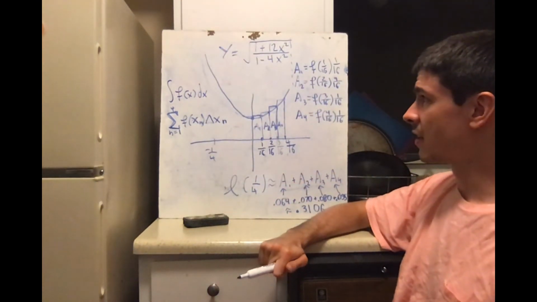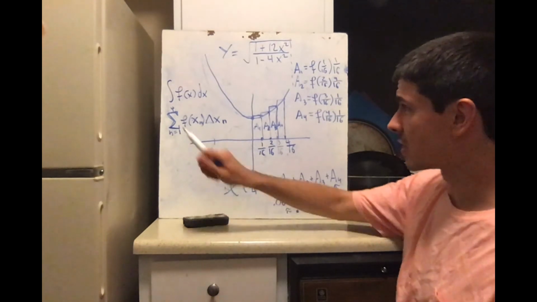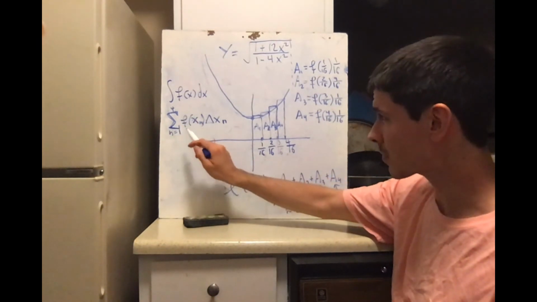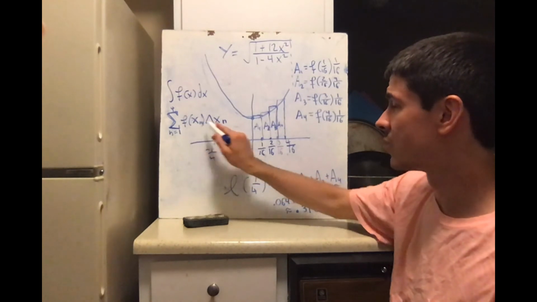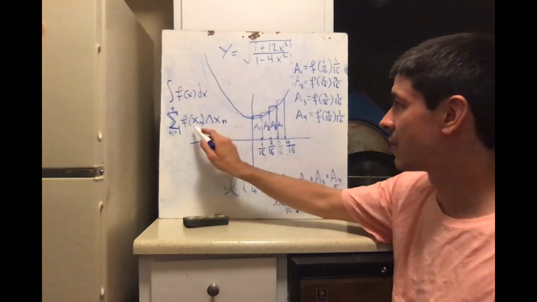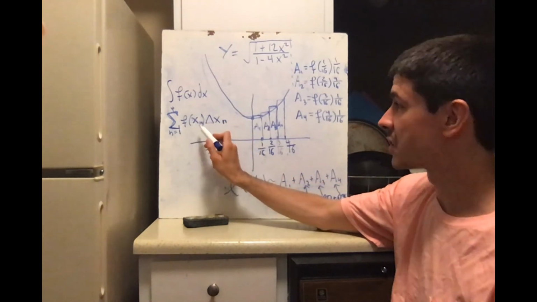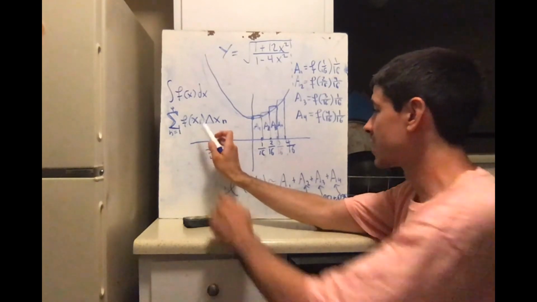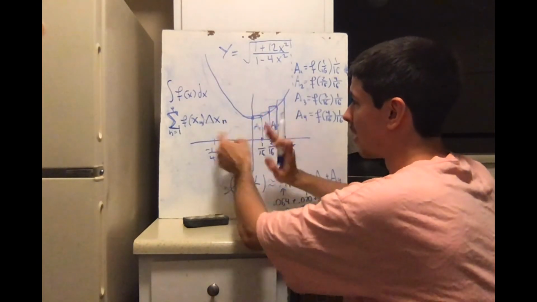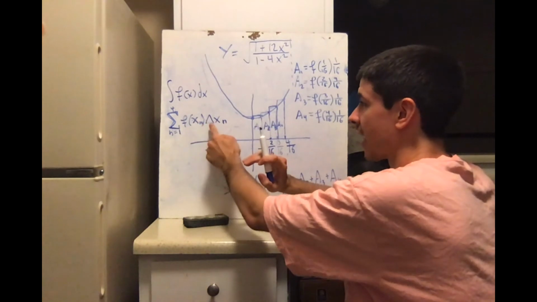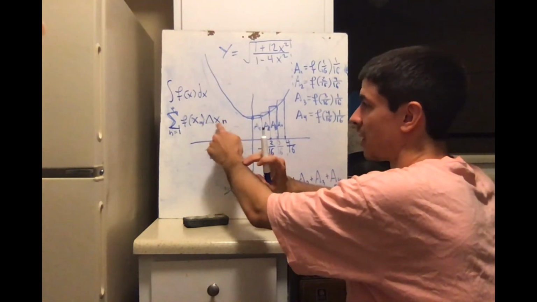And so then you can see how, if you take infinitely small subdivisions, so that the rectangles get smaller and smaller, the x_n's get closer and closer together, and delta x_n gets smaller and smaller.